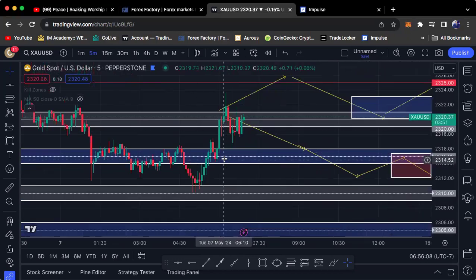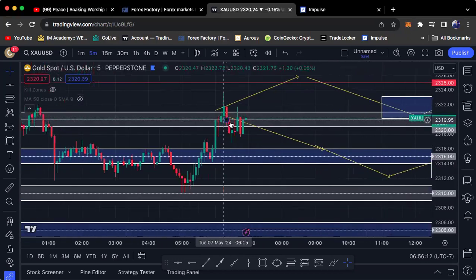The 5-minute. See, it's consolidating a little bit here.